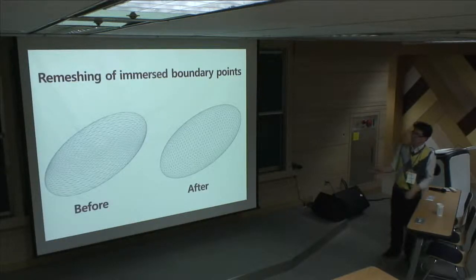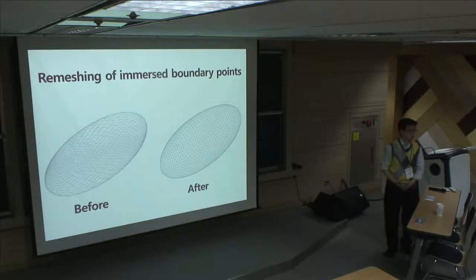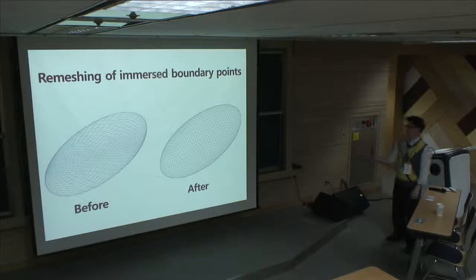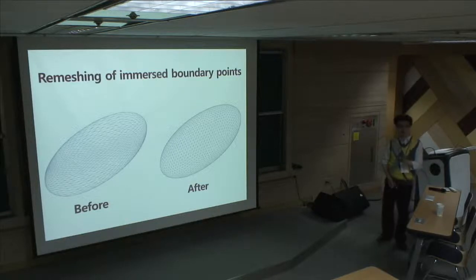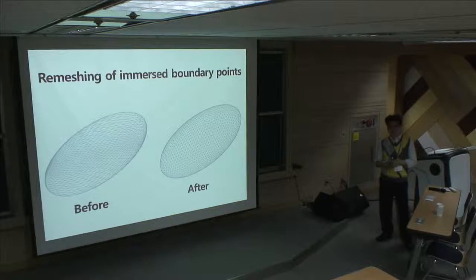Before the remeshing, we have non-uniform mesh quality. After we apply it, we have good mesh quality. So we apply 2 techniques. One is the volume correction. The other one is remeshing.